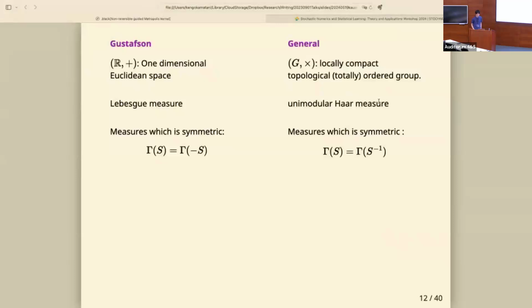The important measure in the Gustafson space is a symmetric measure, because Gustafson's method uses random walk Metropolis. So they use random walk, and they use this kind of symmetric measure. The same one in the general space is this one.